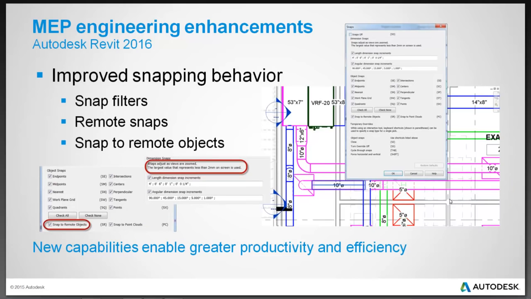You will see improved snapping behavior in Revit 2016. While working with large system models, I'm sure you'll notice the improvement to snapping behavior. Now in 2016, your remote snaps will include only the objects in the visible portion of the view rather than the view extents.